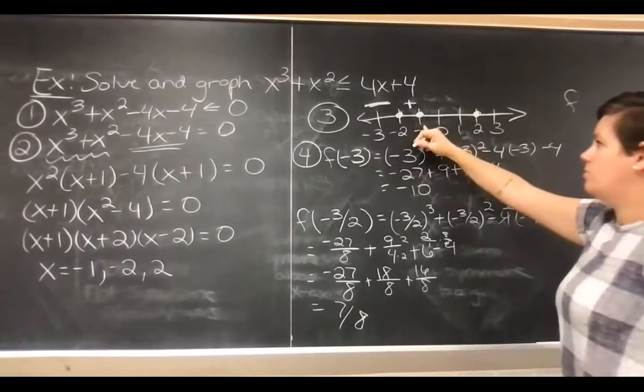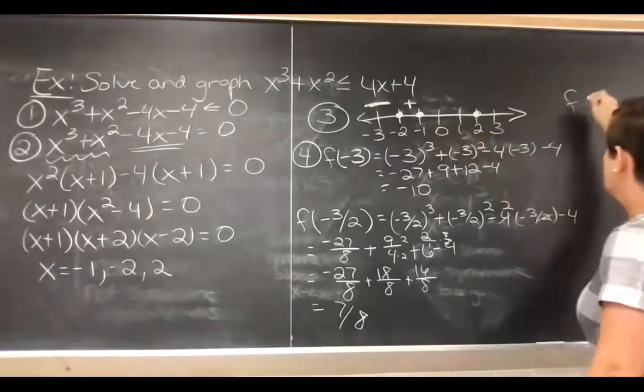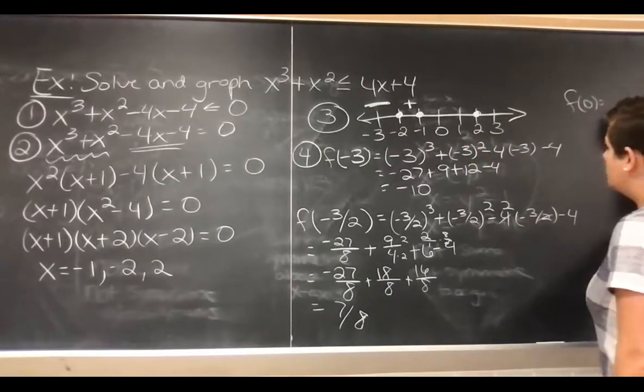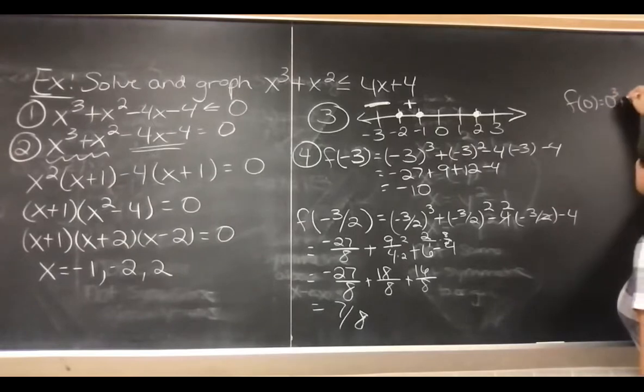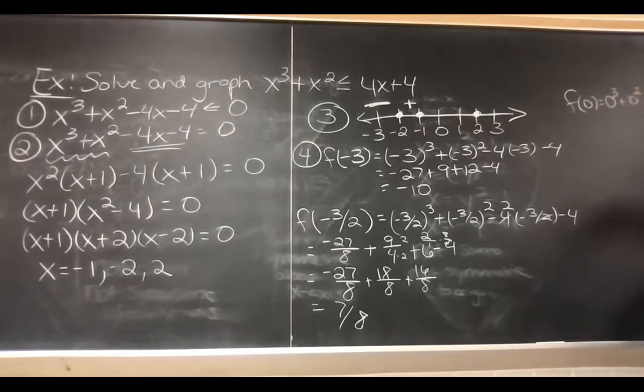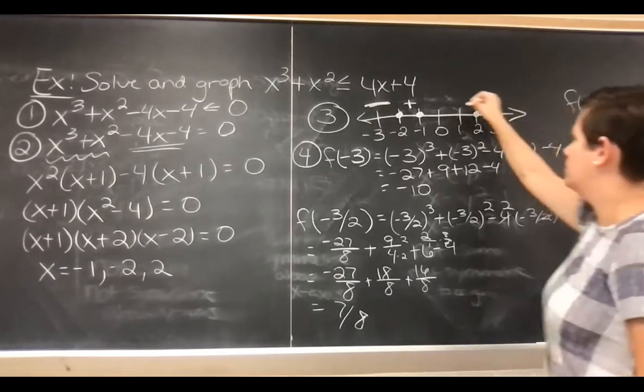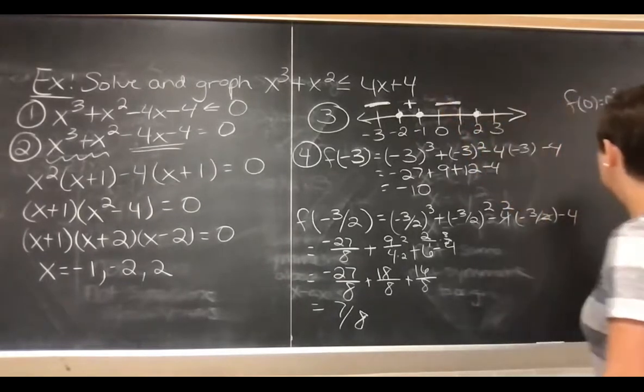Now I'm going to look at my next interval from -1 to 2. 0 lies in there, so I'm going to plug in 0. So I get 0 to the third plus 0 squared minus 4 times 0 minus 4, which gives me -4, negative.